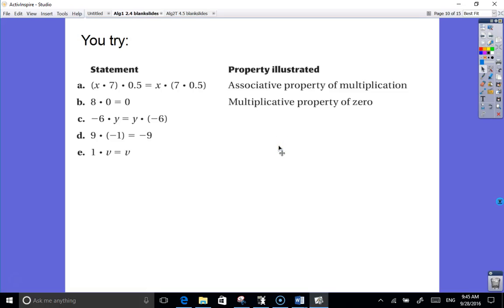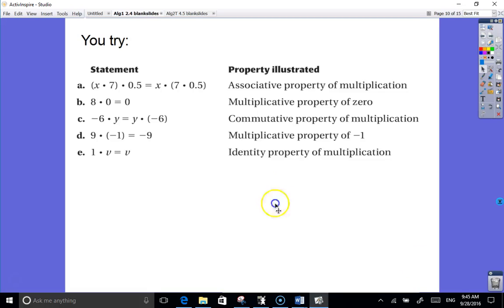What did they change? The order. Okay, the next one. They multiplied a 9 by -1. Not the inverse, the multiplication property of -1. It flipped the sign. And then the last one is 1 times V equals V. So that is the identity property.